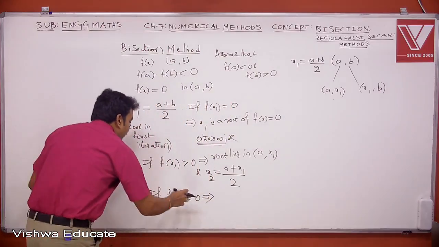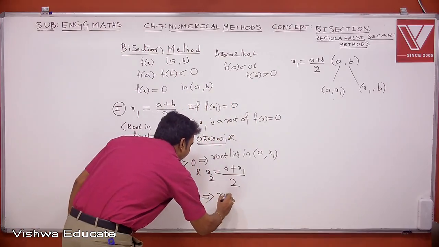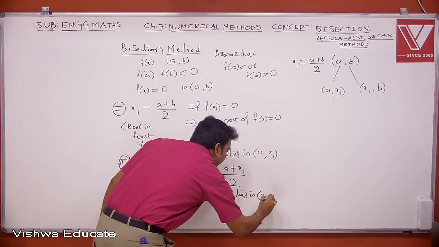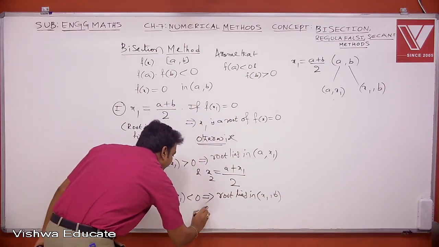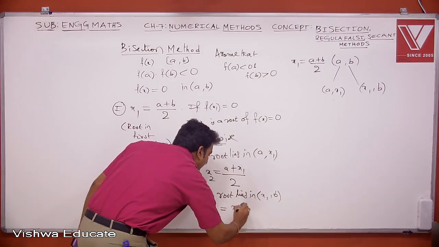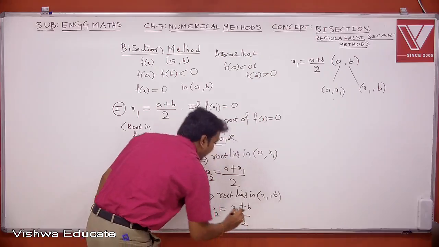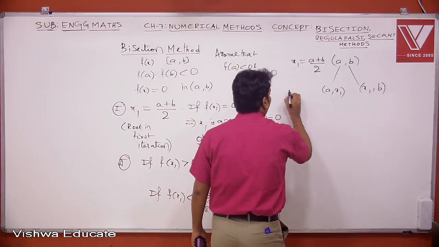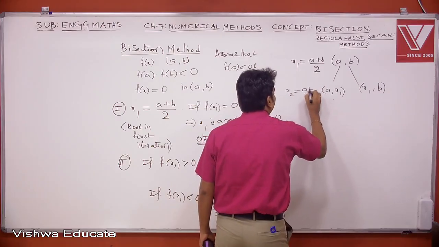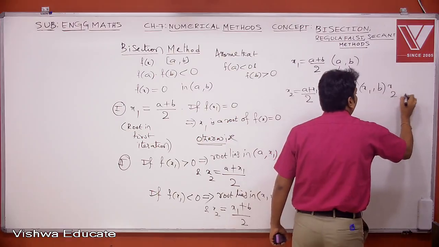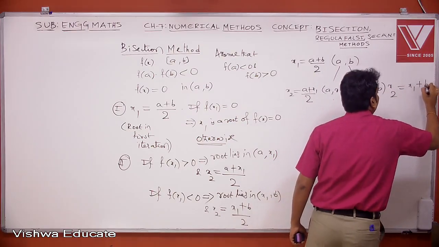So whenever f of x1 is less than 0, the root lies in the open interval x1 comma b, and in this case x2 equals the midpoint of the right subinterval, that is x1 plus b divided by 2. If the root belongs to the left interval, x2 becomes a plus x1 by 2. If it belongs to the right interval, x2 becomes x1 plus b by 2.